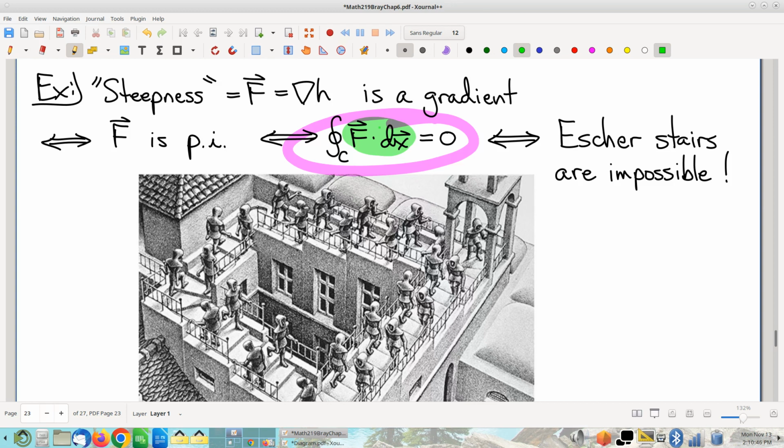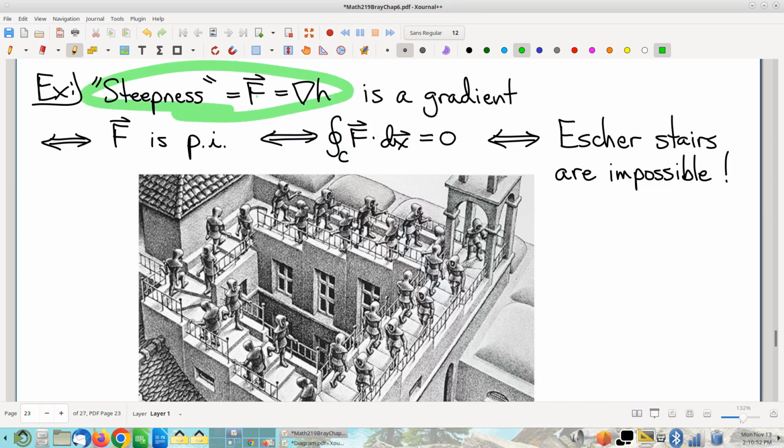So what we have here is a statement that if you're looking at the steepness vector field, if you're keeping track of how much your altitude changes as you go around a closed curve, grand total around any closed curve, your total altitude change has to be 0. Now let's talk for a moment about how plausible that is.